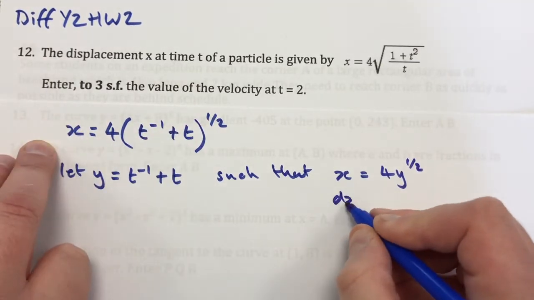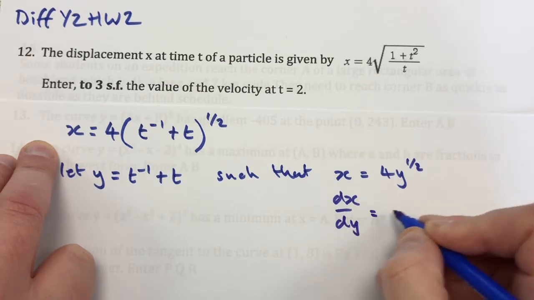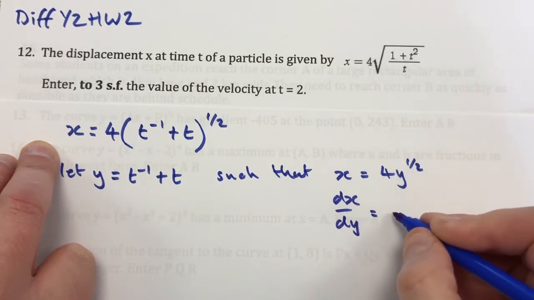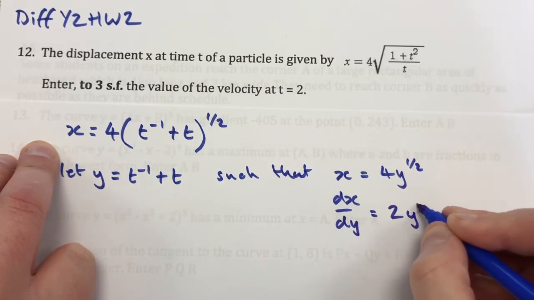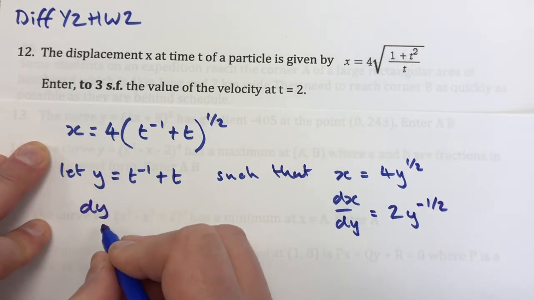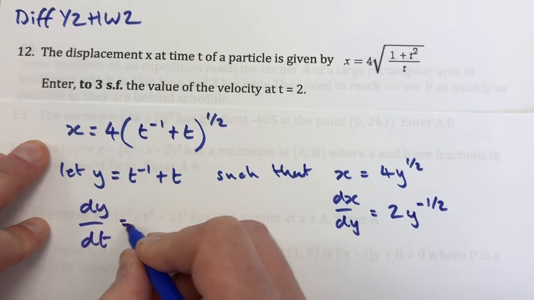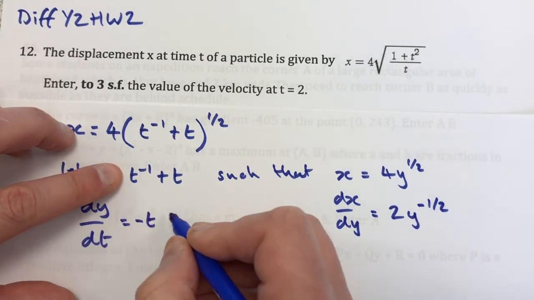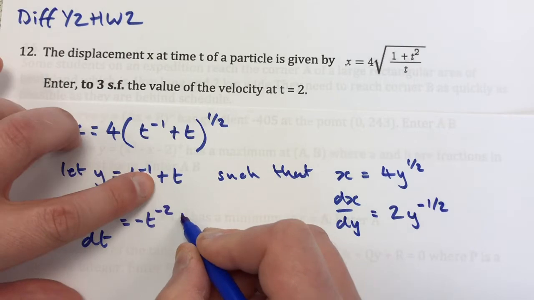I can now differentiate x with respect to y to get 4 times a half is 2y to the minus a half. I can differentiate over here y with respect to t to get minus t to the minus 2 plus 1.